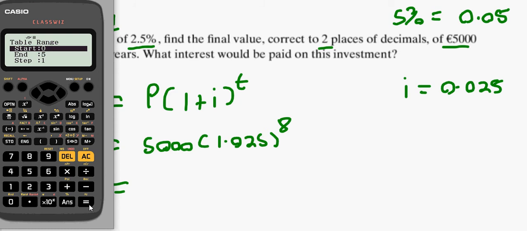I'm going to start at 0 and end at about 10. Step of 1. And we want that for 8 years, don't we? And what's it after 8 years? €6,092 and 1 cent. Is that right?